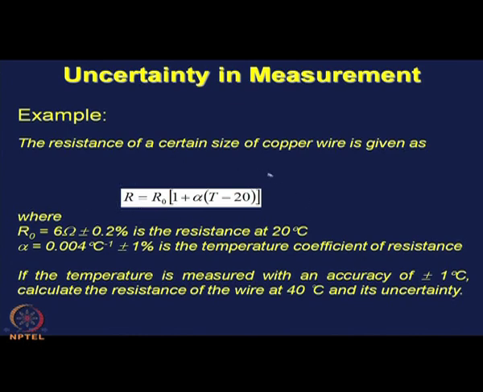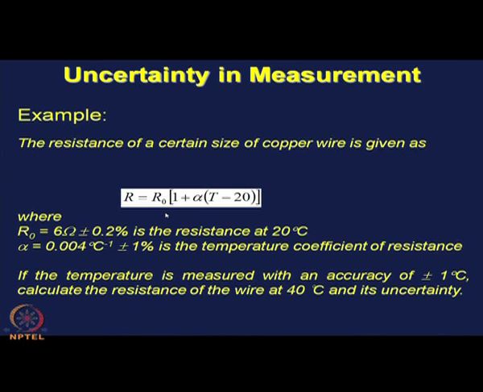The resistance of a wire is given as R equals R0 into 1 plus alpha into T minus 20. So, this equation tells us that if I know the resistance R0 at temperature equal to 20 degrees Celsius, from the knowledge of alpha I can calculate the resistance at 40 degrees Celsius.